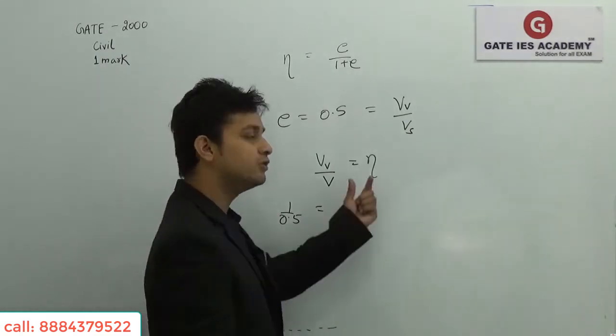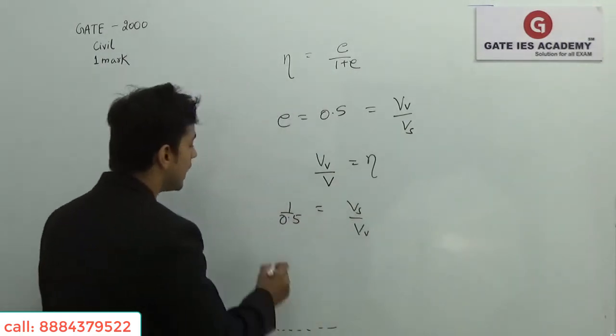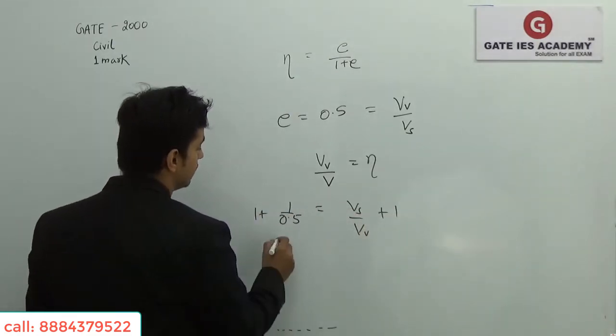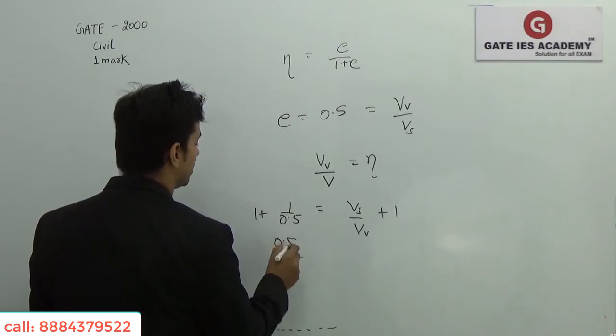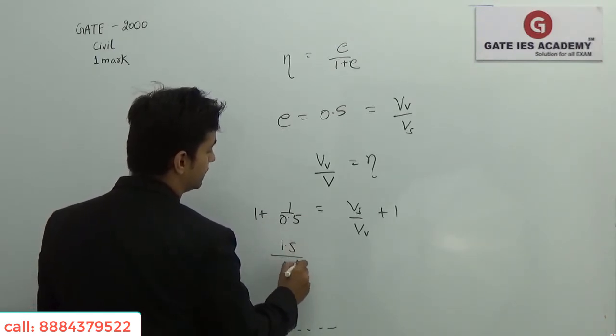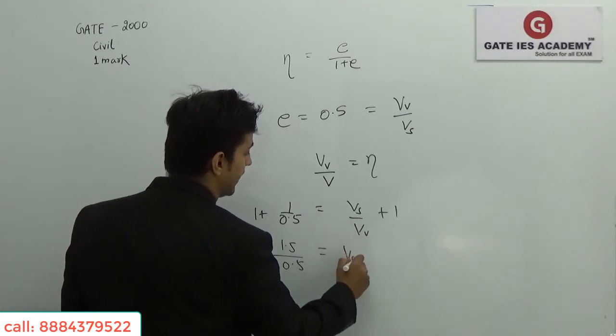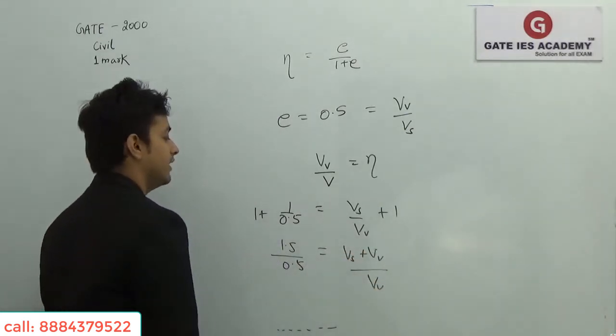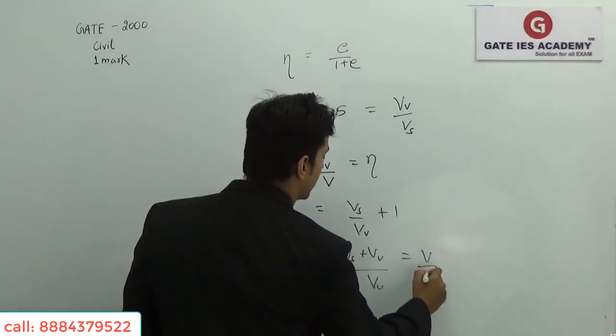Why did I do that? You'll understand. Now if I add 1 on both sides, this will be 1.5 upon 0.5 is equal to Vs plus Vv upon Vv. See here, now this is nothing but coming out to be V upon Vv.